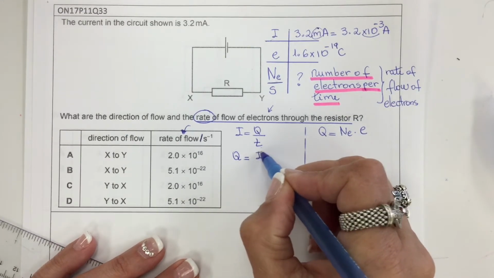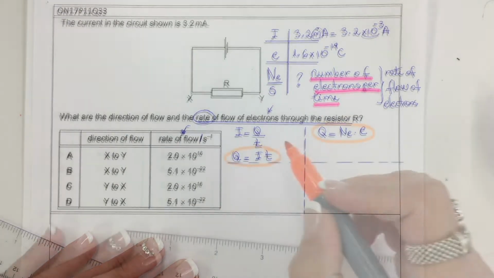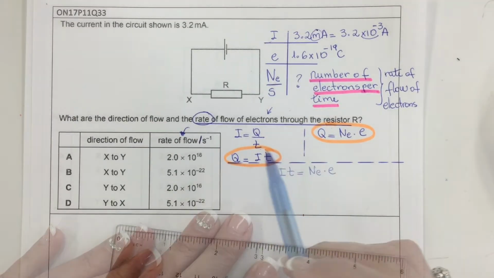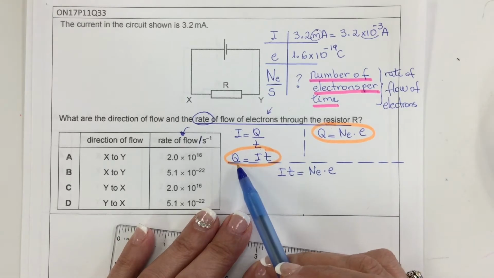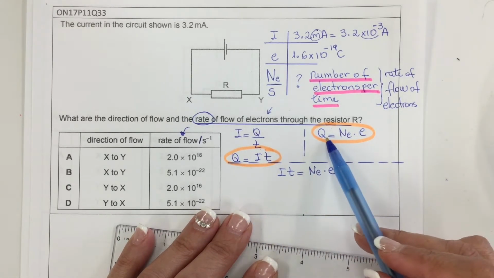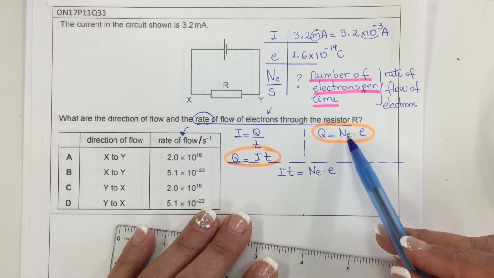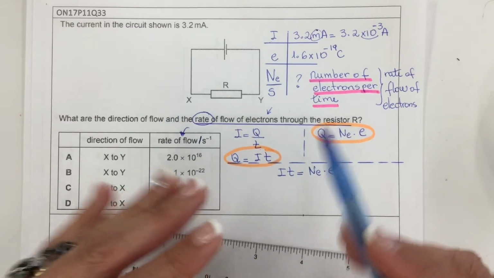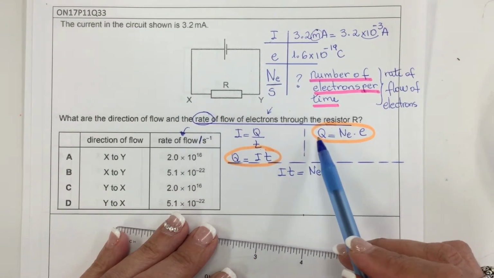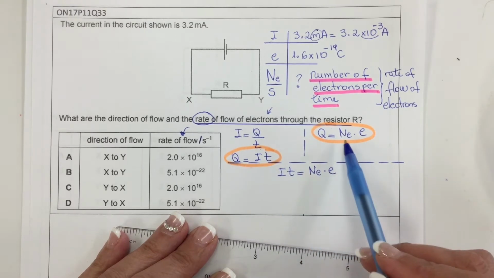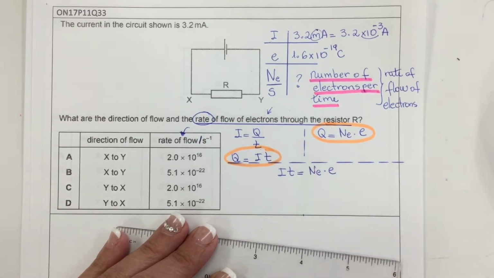Charge is IT. Now I'm going to combine both equations. In other words, if charge is equal to current times time, and charge is equal to the number of electrons times the charge of an electron, I can make this side of the equation equal to the other side.